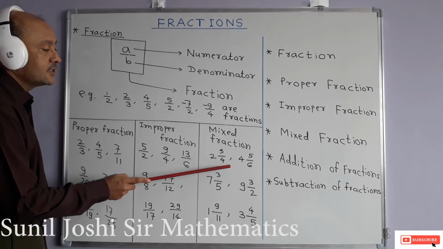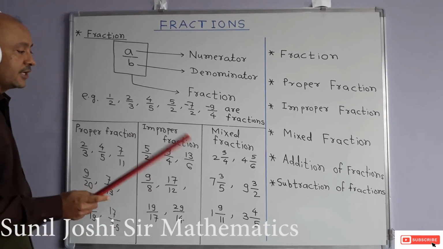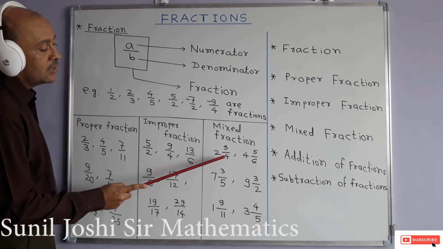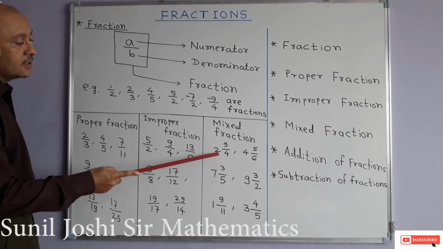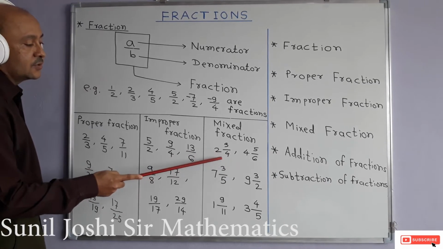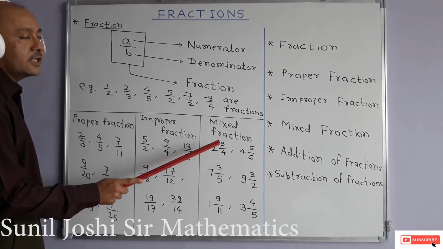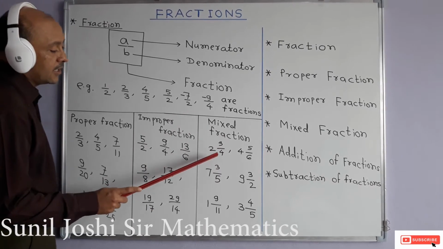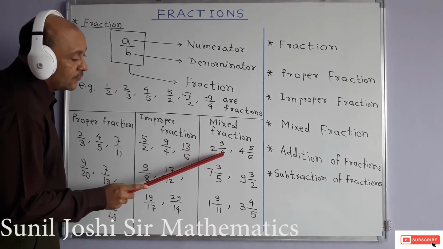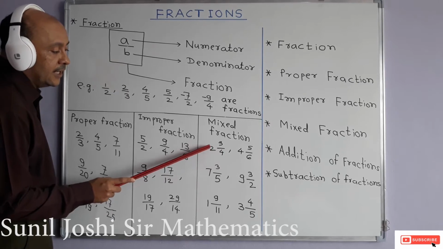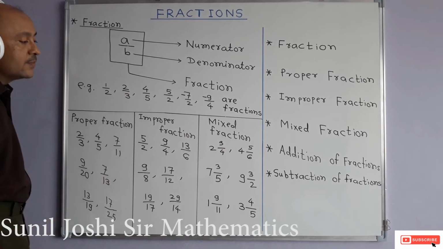And the same mixed fractions we can convert to improper fractions. So how do we do this? It can be converted to an improper fraction, because it has a complete part and an incomplete part. So it is called a mixed fraction. 2 is the complete part, 3 upon 4 is the incomplete part. If you want to simplify this, how can we simplify? 4 multiplied by 2 is 8, 8 plus 3 is 11, 11 upon 4, and 11 upon 4 will be an improper fraction.